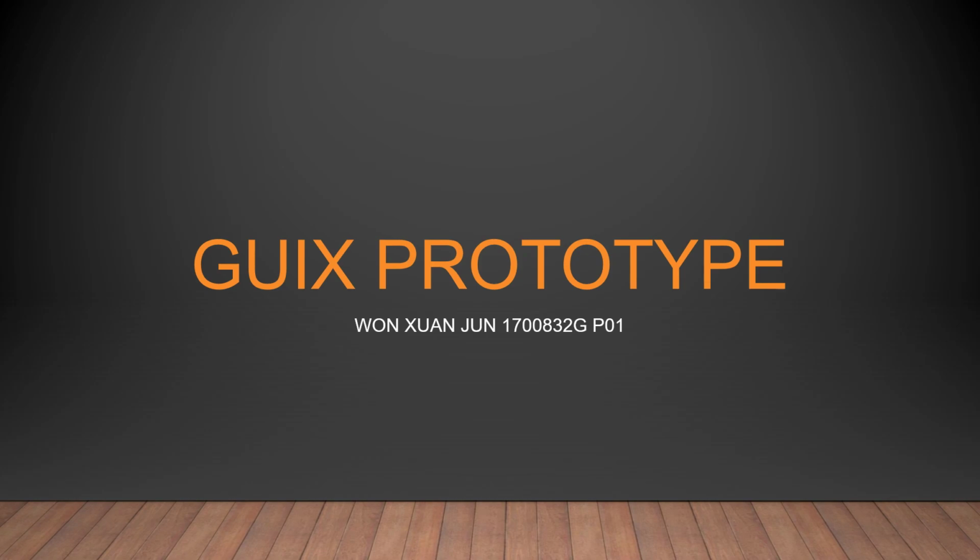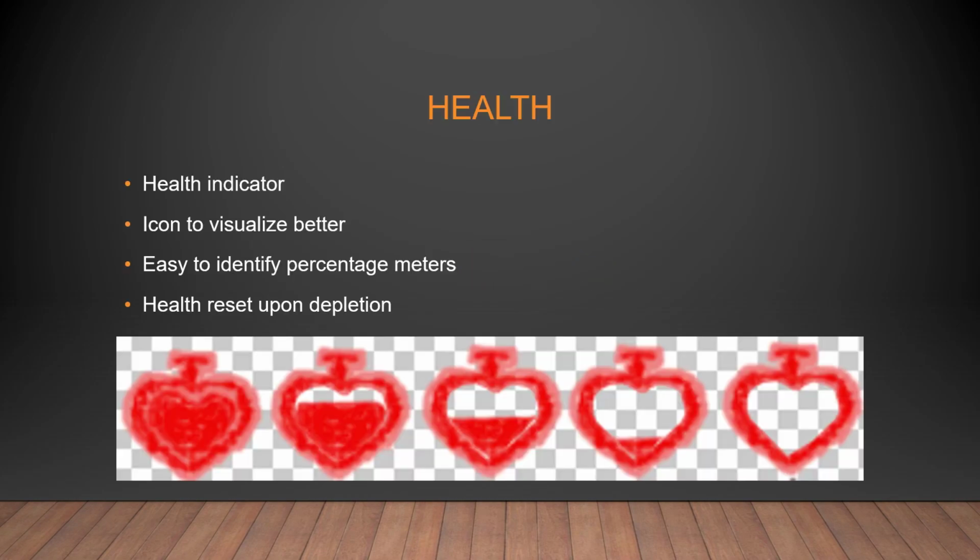So going over to the next slide, which will be the sprites of my user interface. The first one coming up will be my health sprite. Basically this is a health indicator, and it comes in an icon form. As you can see, with icons players can visualize better, and it is easy to indicate how low or how high your health value is.